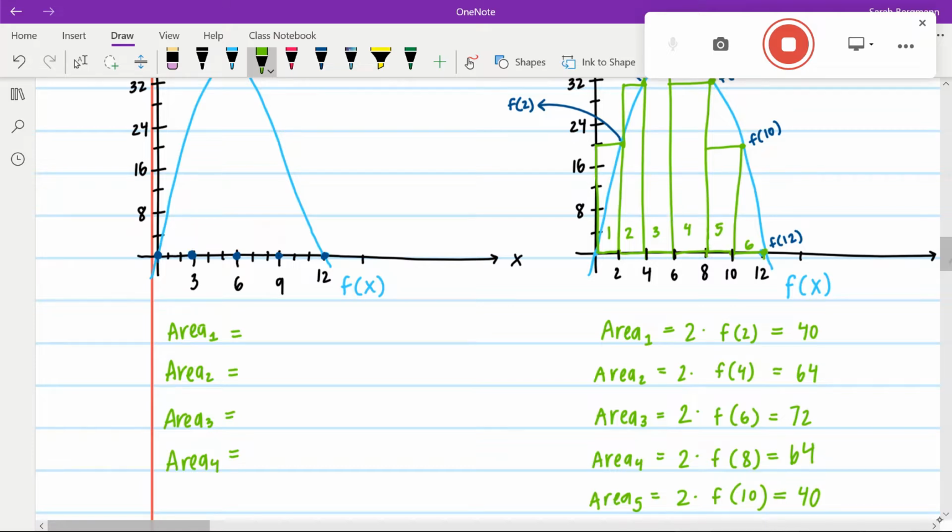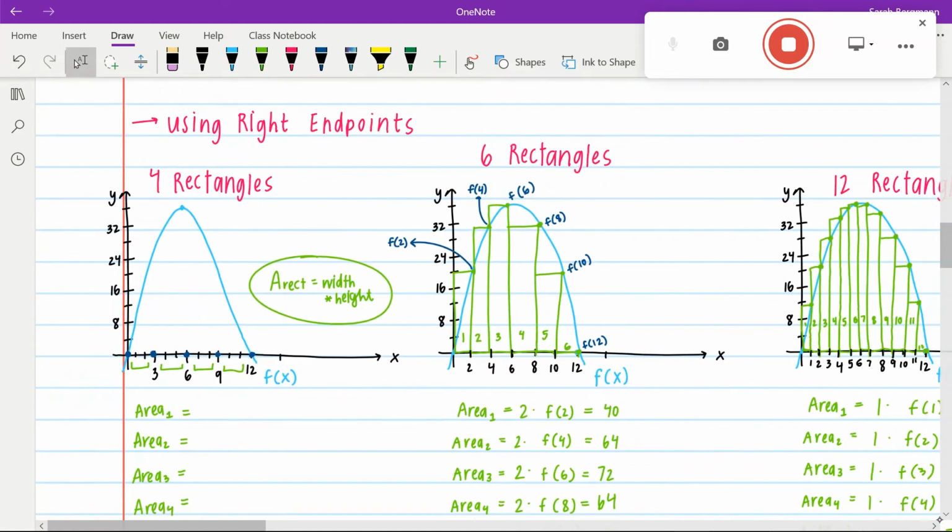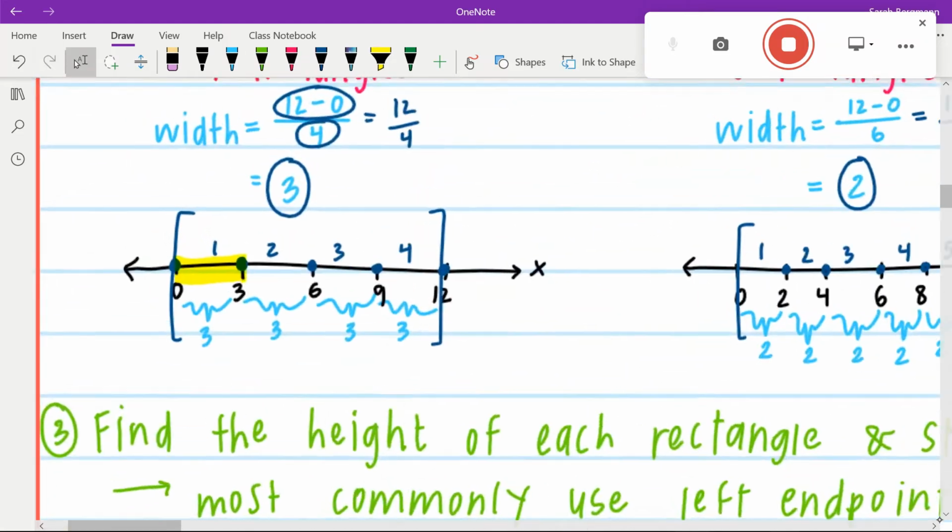Each rectangle, remember the area of the rectangle is equal to the width times the height. So, the width of each of these rectangles is 3 units, just like we said earlier on when we calculated the width up here.